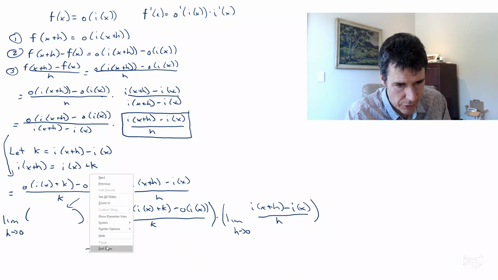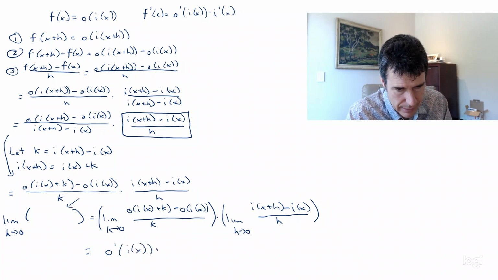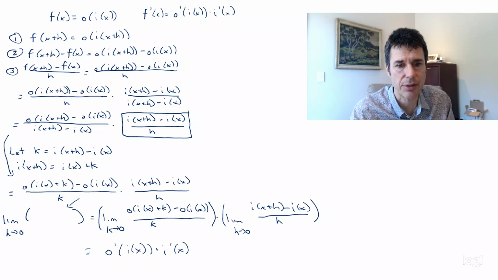And so this first term becomes O prime of I of x times the second term, which is just I prime of x, which is our chain rule. So that's our derivative of our function, and we have derived the chain rule.